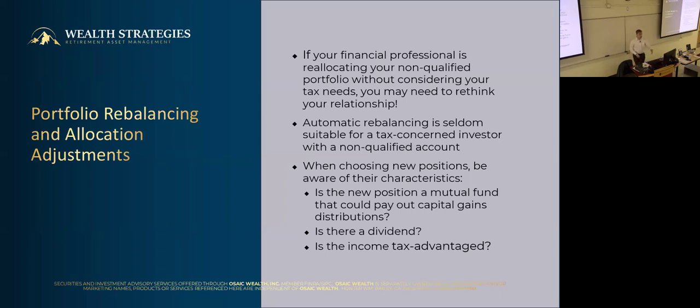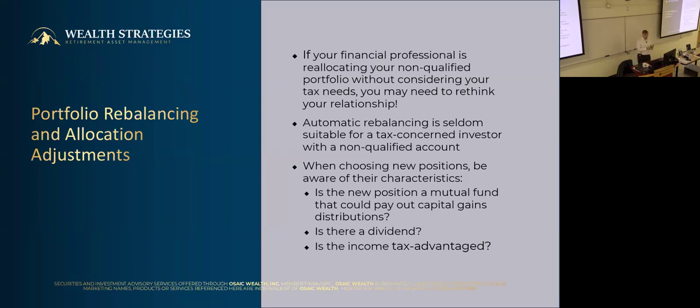So when you're choosing new positions, if you're doing a rebalance, if you're saying, okay, it's time to sell out a bit of this growth and buy something else, you want to be aware of their characteristics. You want to know what the tax liabilities are on this new position. Are we buying a mutual fund that's going to kick out a bunch of capital gains distributions? If we are, and you're okay with that, fine.